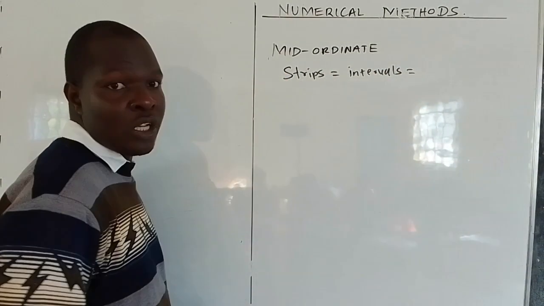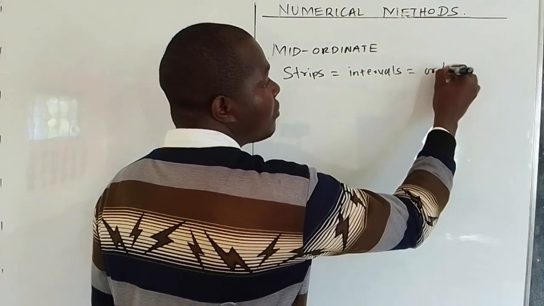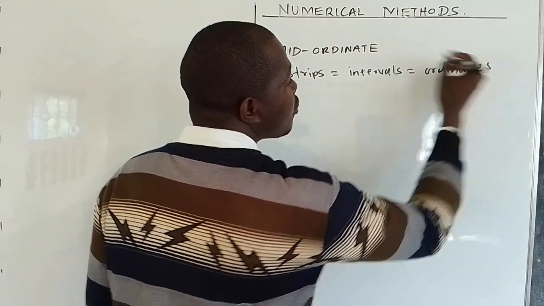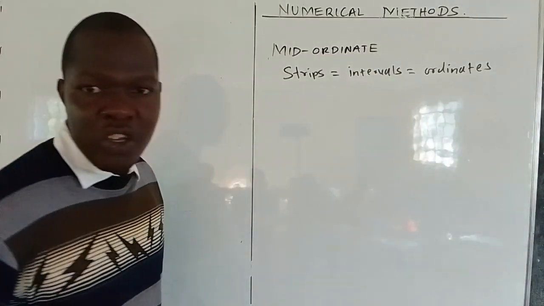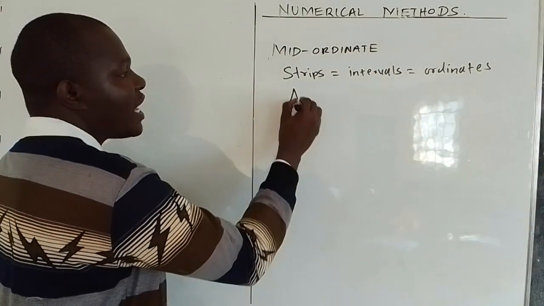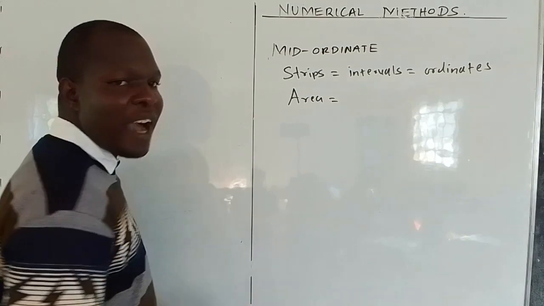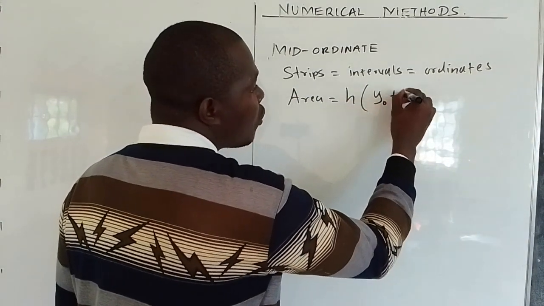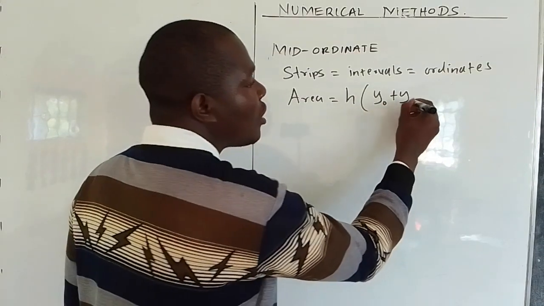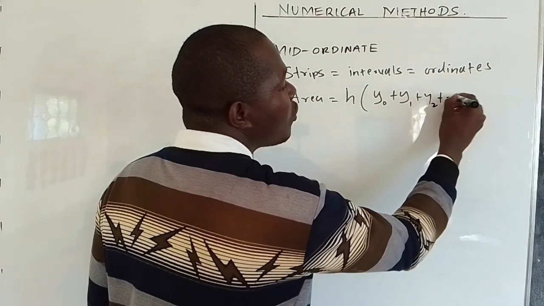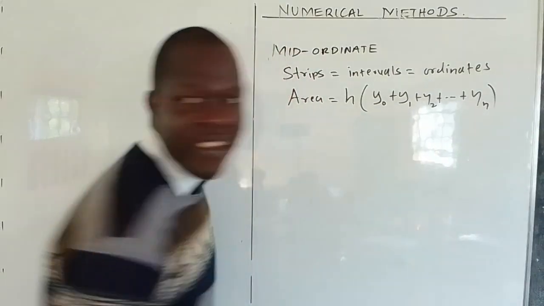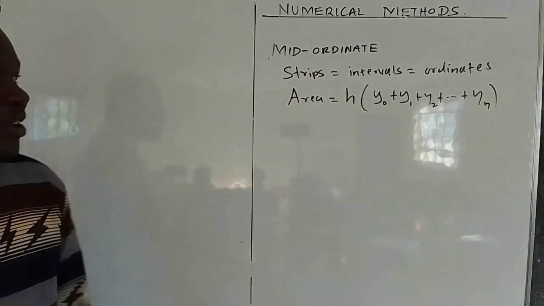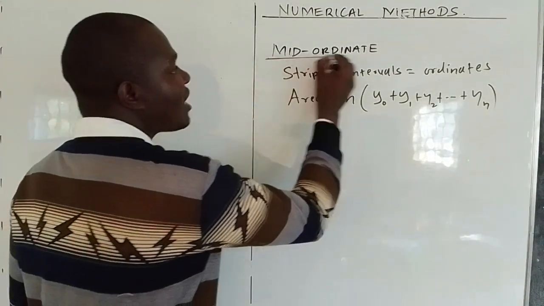Strips are the parts, and those are the same as the number of ordinates, because each part has one ordinate in the middle, isn't it? And we've seen that the area is given by h into the sum of the ordinates. Ordinates are y0, y1, y2, up to yn, the last ordinate, isn't it?